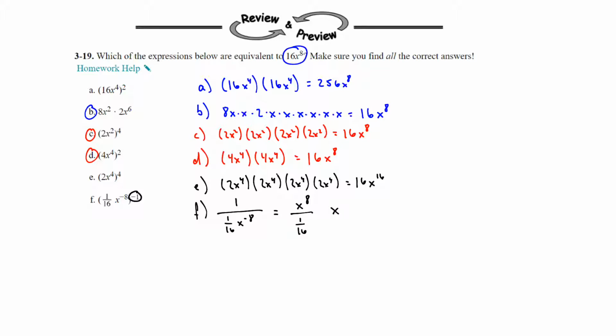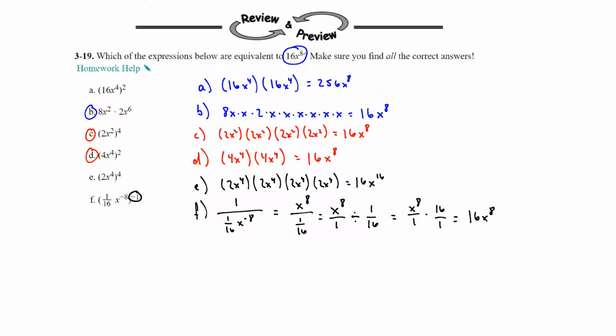So if we write this as x to the 8th over 1 divided by 1/16, that's the same thing as x to the 8th over 1 times its reciprocal, 16 over 1. So 16x to the 8th power.